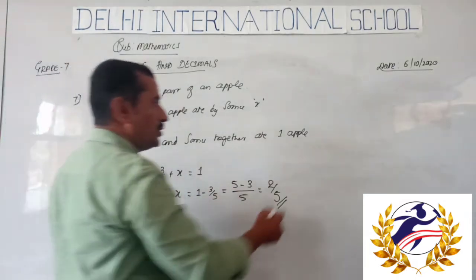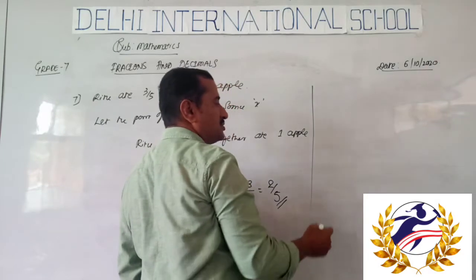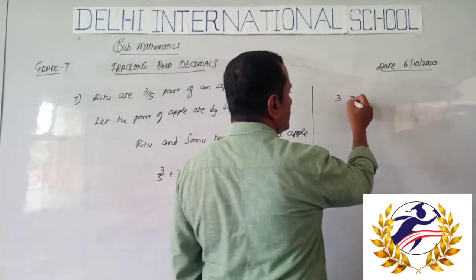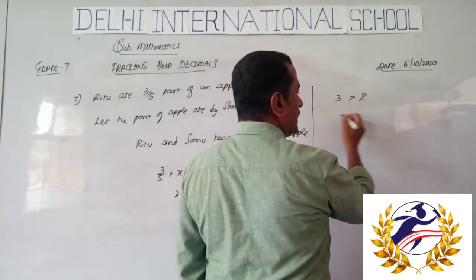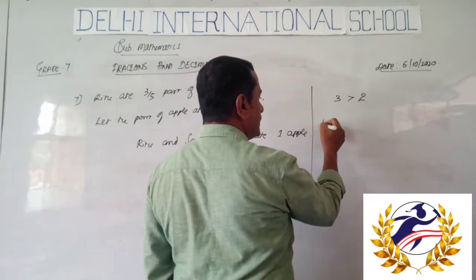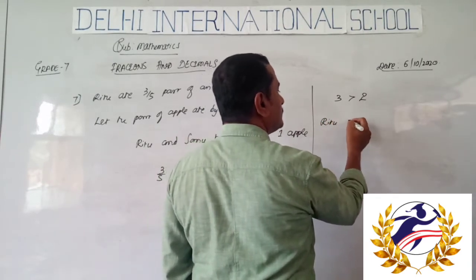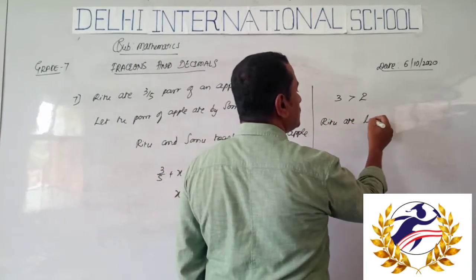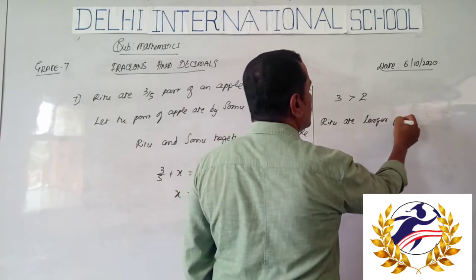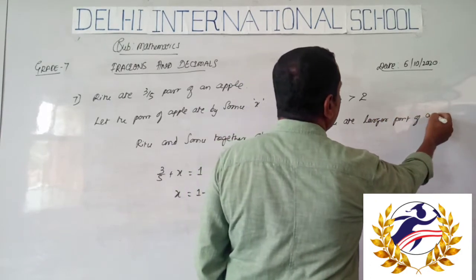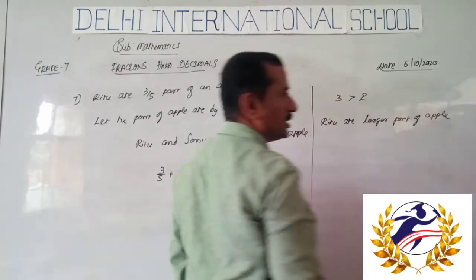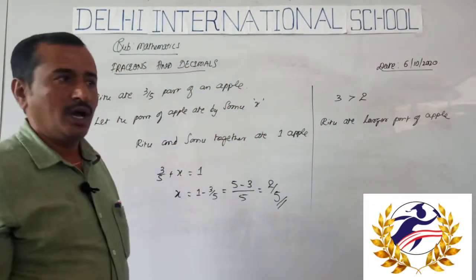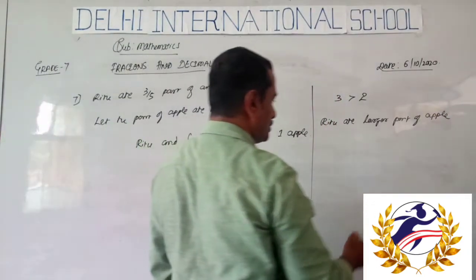Then who ate the greater part? By observation, 3 is greater than 2. As a result, we can write that Ritu ate a larger part of the apple. How much greater is the question.